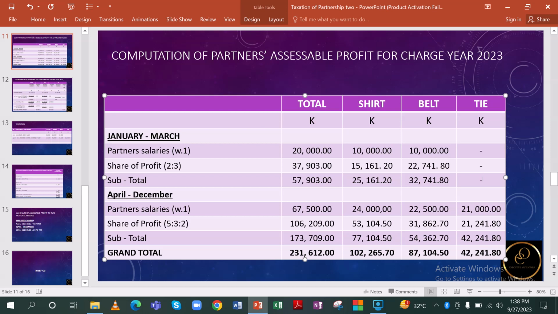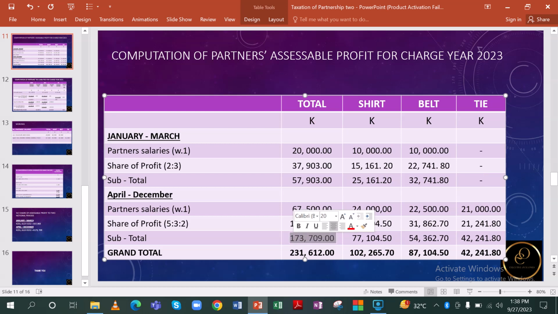67,500. Remember, I said that the next row, which is share of profit, in the ratio of 5 to 3 to 2, given that there's a change of partnership agreement partway through the charge year and the profit sharing ratio has changed, this row should be left blank. So we had gone to fish out the subtotal of 173,709, which we put here.